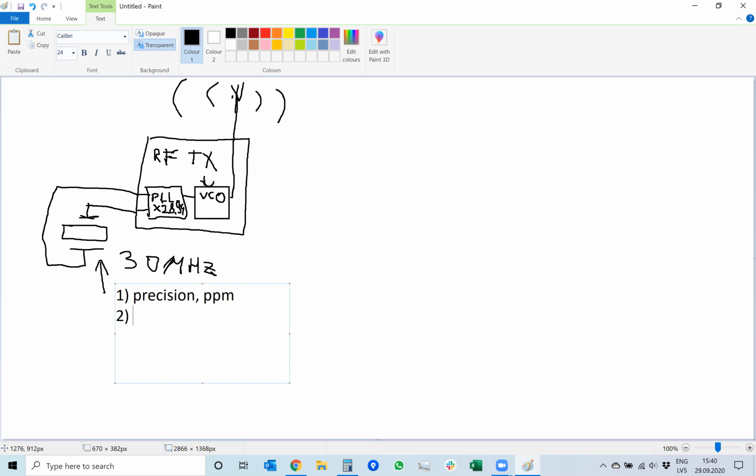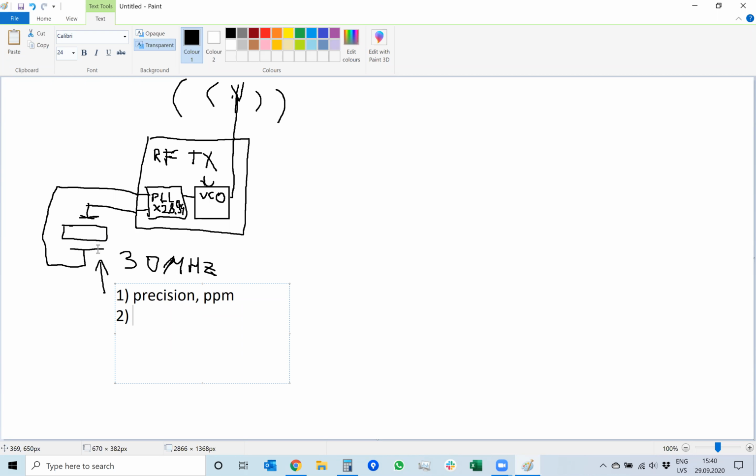So if this crystal gets hotter, this piece gets longer and it starts to oscillate more slowly. And if you put it in cold, it shrinks and it starts to oscillate faster because it's shorter, it can move faster.